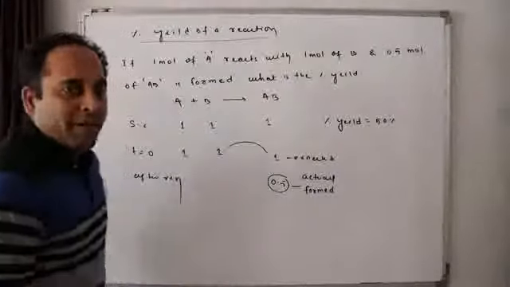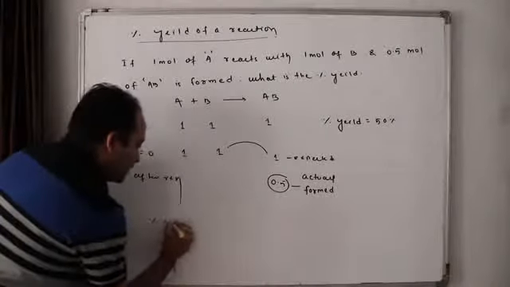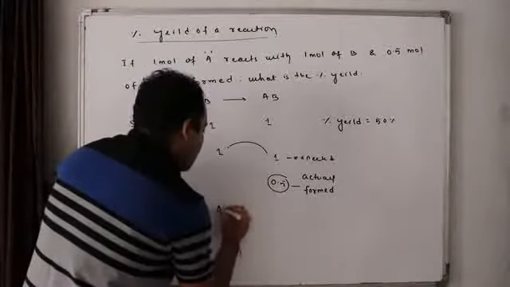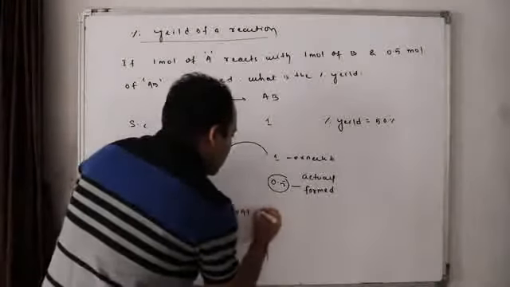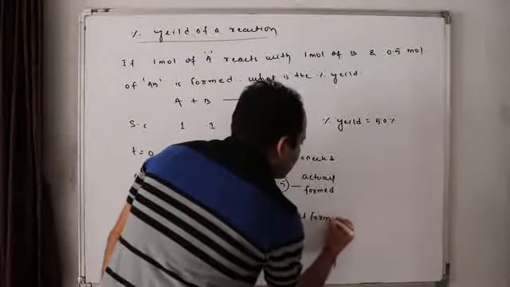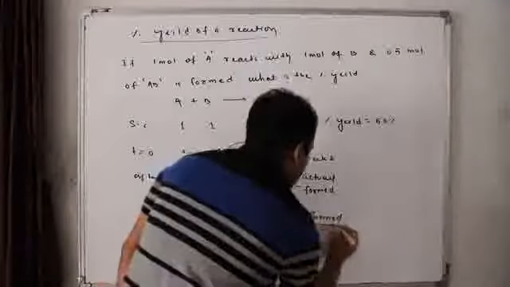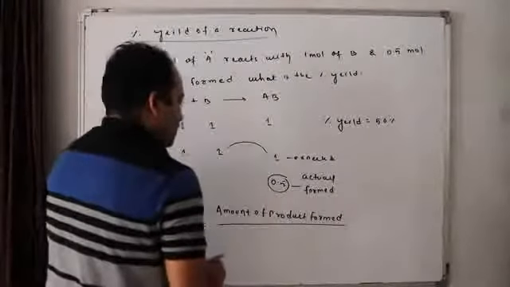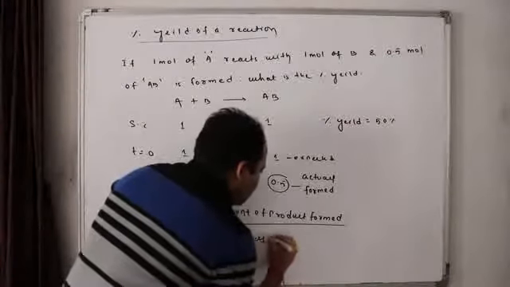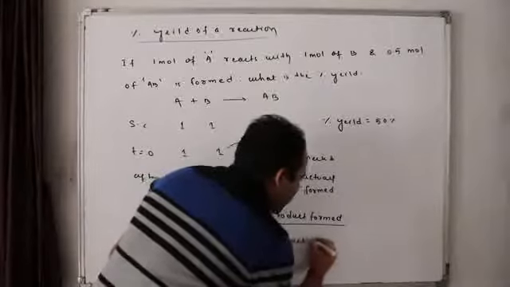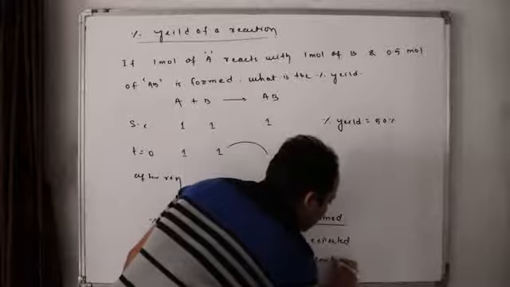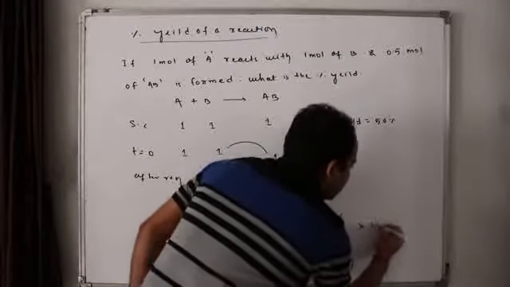So what is the formula we are going to derive from here? Percentage yield is equal to amount of product formed divided by amount of product expected theoretically, into 100.